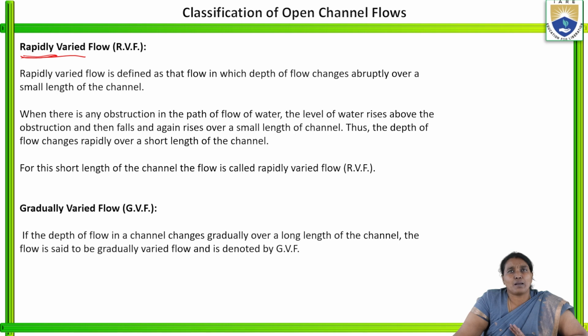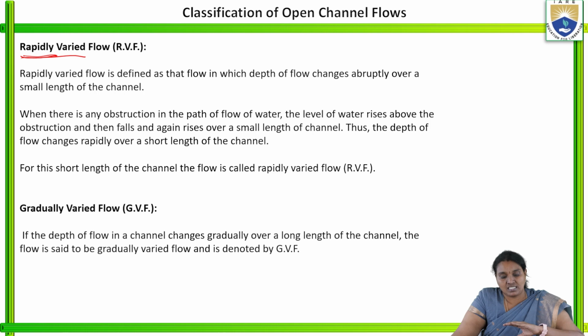When there is any obstruction in the path of flow of water, the level of water rises above the obstruction and then falls and again rises over a small length of the channel. So the depth of the flow changes rapidly over a short length of the channel. This is one example for understanding.